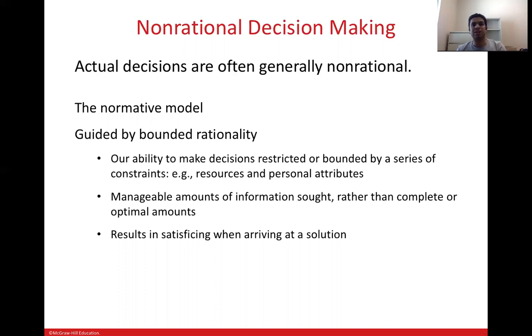Try to talk to them: what's happening here? What do you think we should do? Okay, prices are too high, so let me go and reduce prices. So it results in satisficing. Satisficing means we come up with the best possible solution given the information that we have on hand.